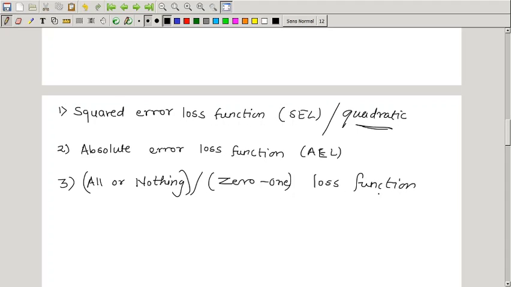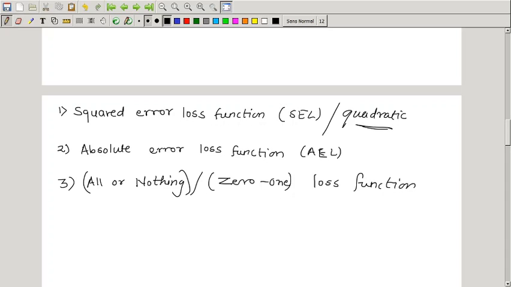So you can call it the all or nothing loss function or the 0-1 loss function. We will discuss all three loss functions in the next lecture.